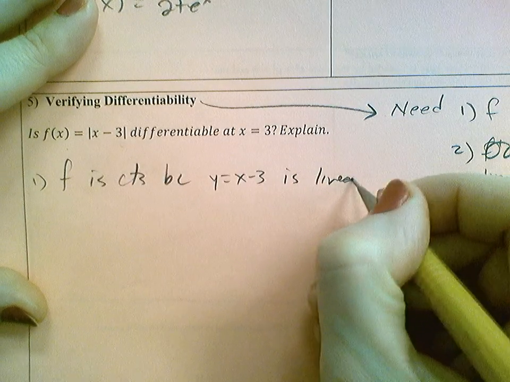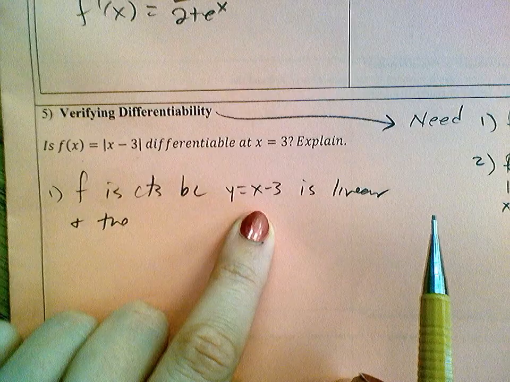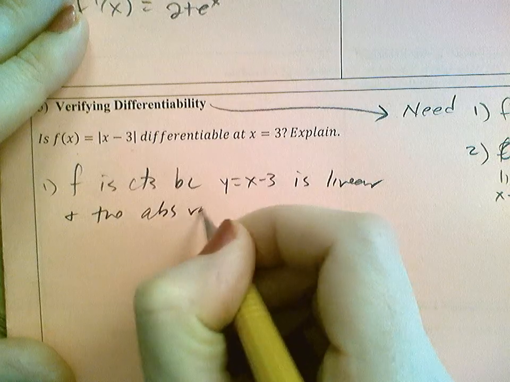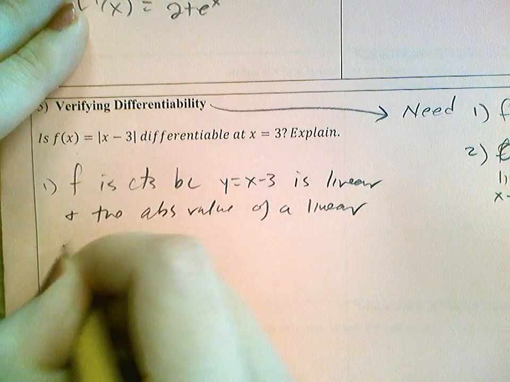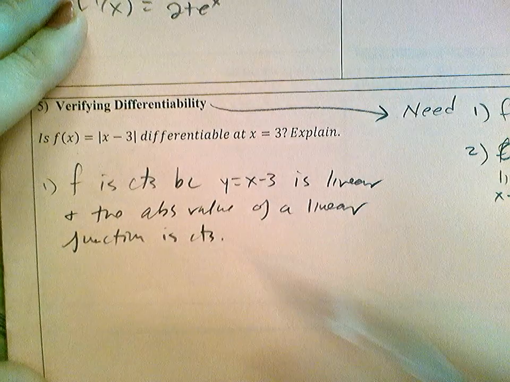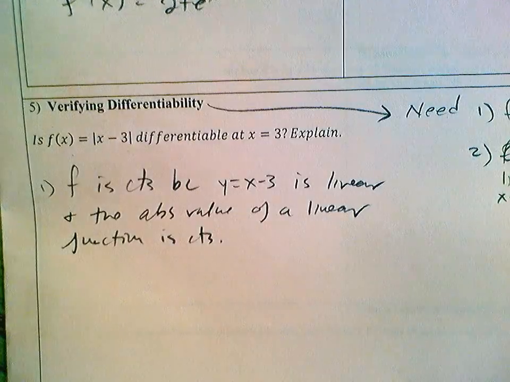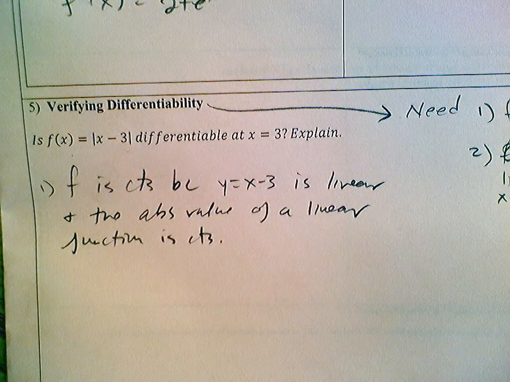It's linear. And then what are we doing to x minus 3? We're taking its absolute value. And the absolute value of a linear function is continuous.